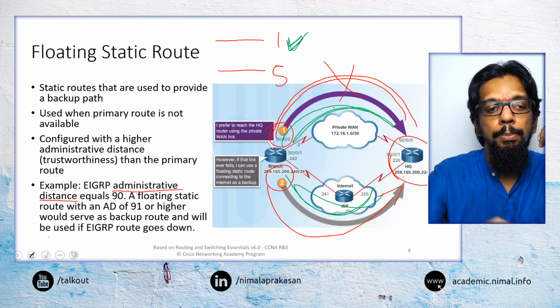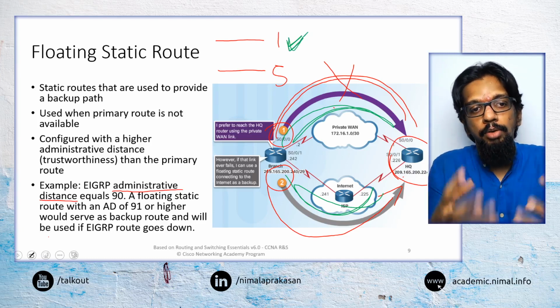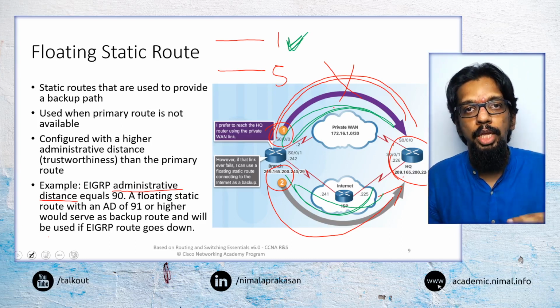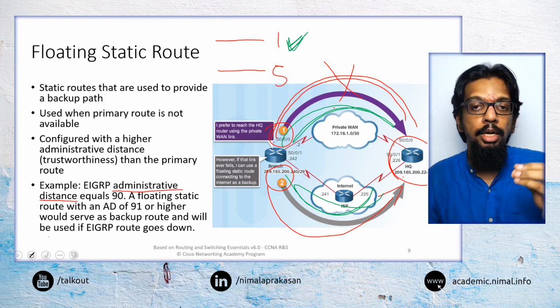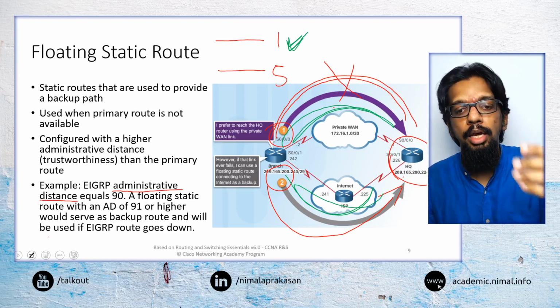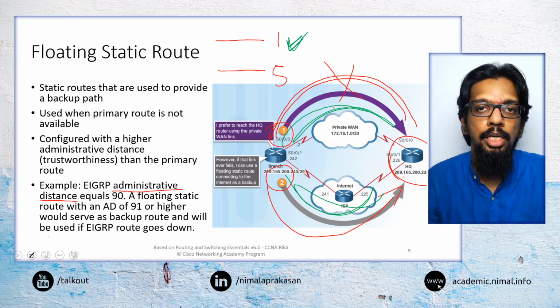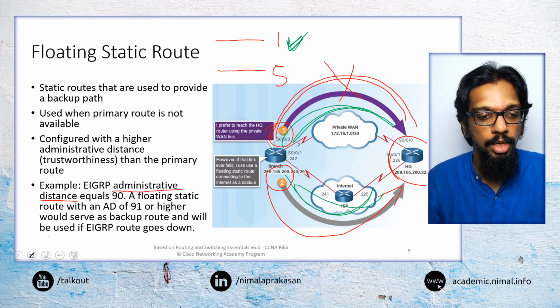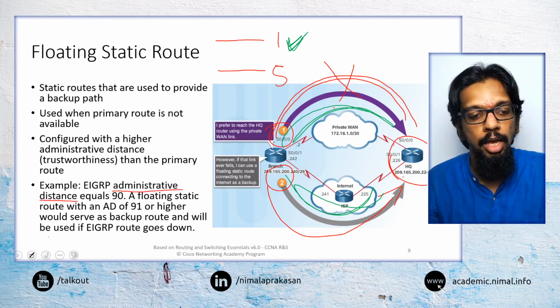So when we are setting up floating static routes, we will set the priority for that static routing entry at a number that is higher than the administrative distance of the routing that is already used, the dynamic routing for example. EIGRP as a dynamic routing protocol has an administrative distance of 90.